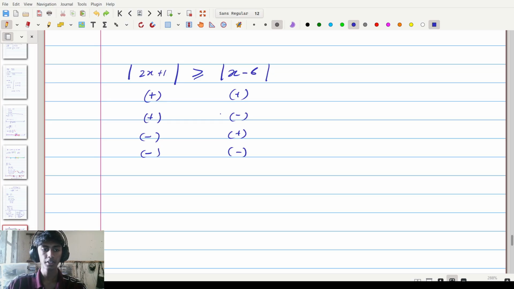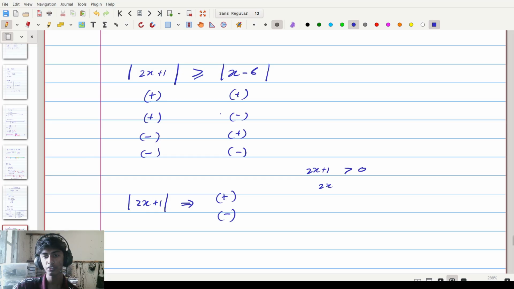For the first thing, considering the absolute value of 2x plus 1, this thing is going to be positive for some values and negative for some values. 2x plus 1 is going to be positive when x is greater than negative a half, because if 2x plus 1 is greater than 0, this implies that 2x is greater than negative 1, which then implies that x is greater than negative half.